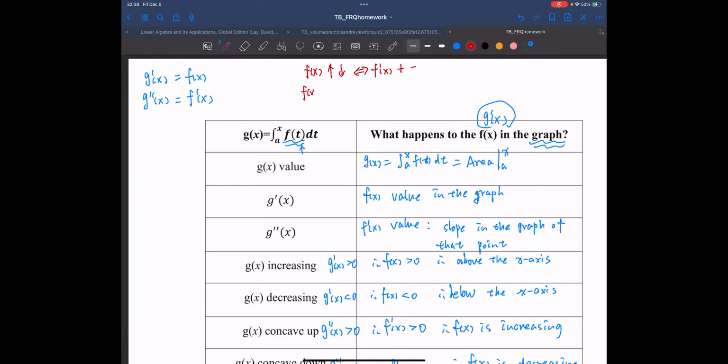If we want to see f(x) concave up or concave down, then you can check the double prime, positive or negative.